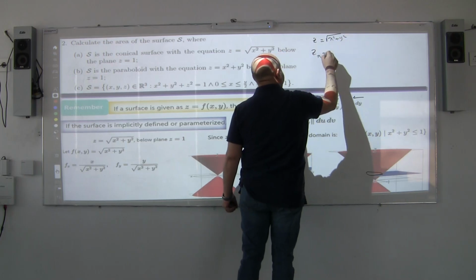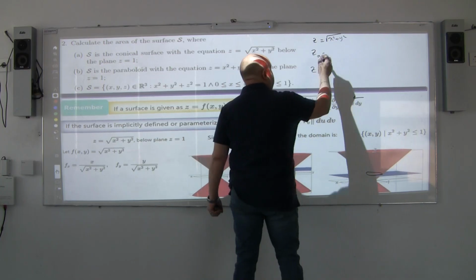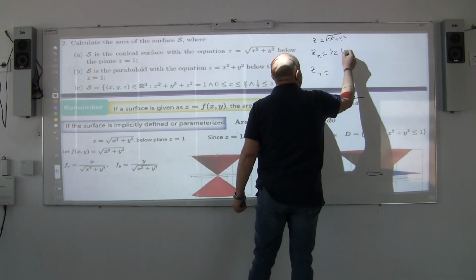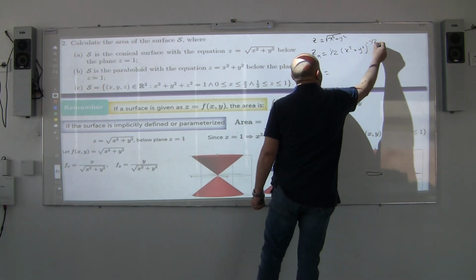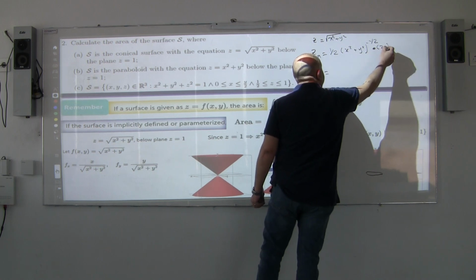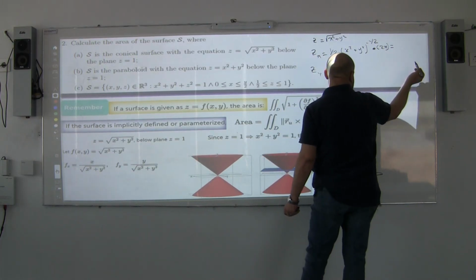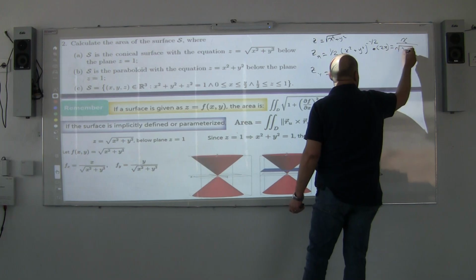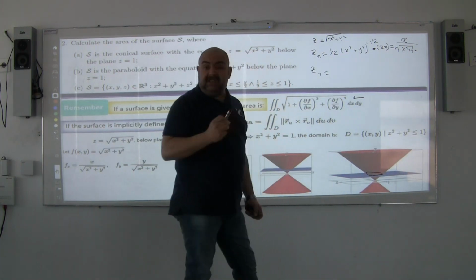Once you get z sub x and z sub y, differentiating with respect to x for this function, it will equal half times x squared plus y squared to the power of negative half, times the derivative of what's inside the bracket, which is 2x, which will leave you with x divided by the square root of x squared plus y squared. And that's for z sub x.